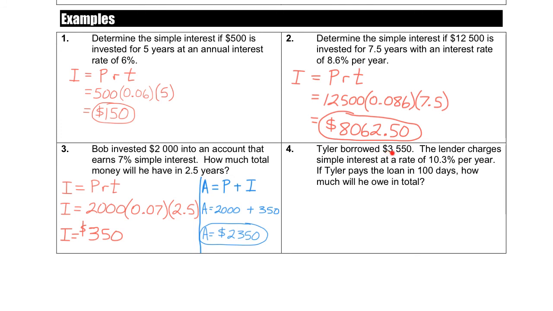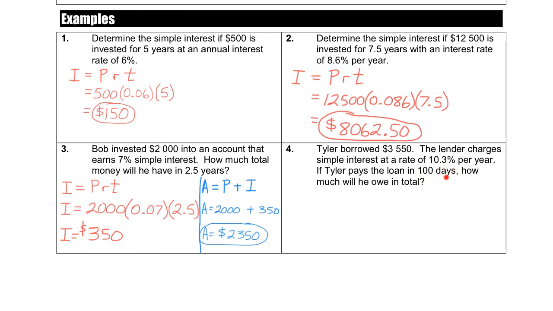Tyler borrowed $3,550. The lender charges simple interest at a rate of 10.3% per year. If Tyler pays the loan in 100 days, how much will he owe in total? You can try this on your own, but just be careful. Remember, when you're calculating interest, T is the time in years, not days.